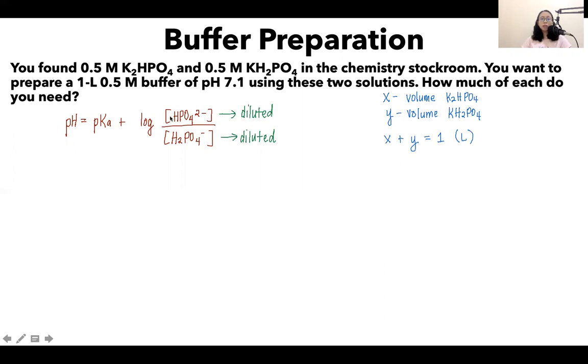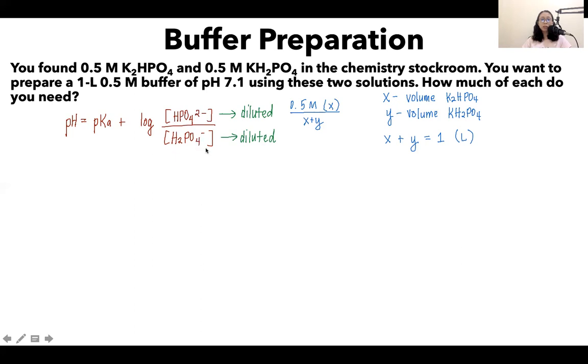Now for the diluted hydrogen phosphate, we know that the initial concentration is 0.5 molar, and we are using X liter of this 0.5 molar solution divided by the total volume, which is X plus Y. So this is our formula for this final concentration of hydrogen phosphate.